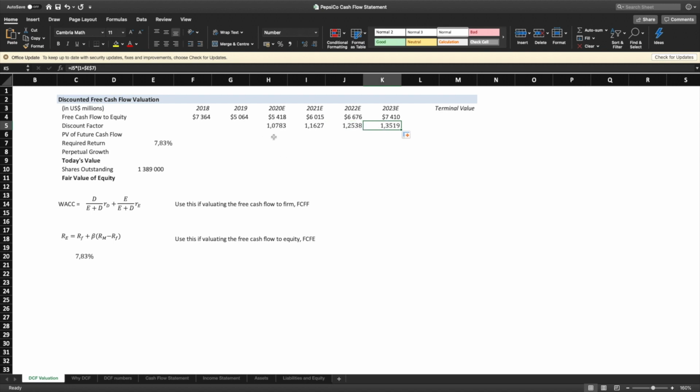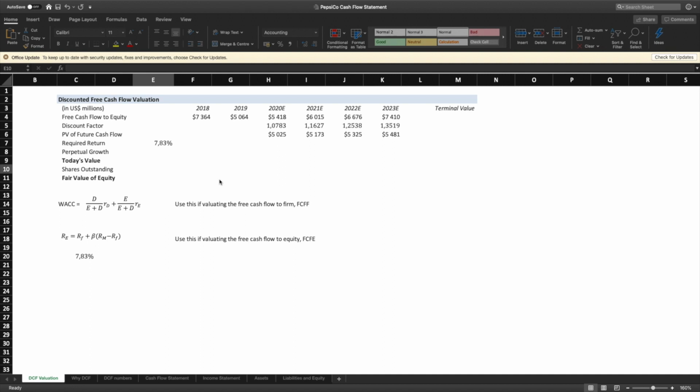Now we have the discount factor for all of the years. Let's make the easiest step of them all, and that is to divide the free cash flow to equity by the discount factor. And this gets us, of course, the present value of the future cash flows.